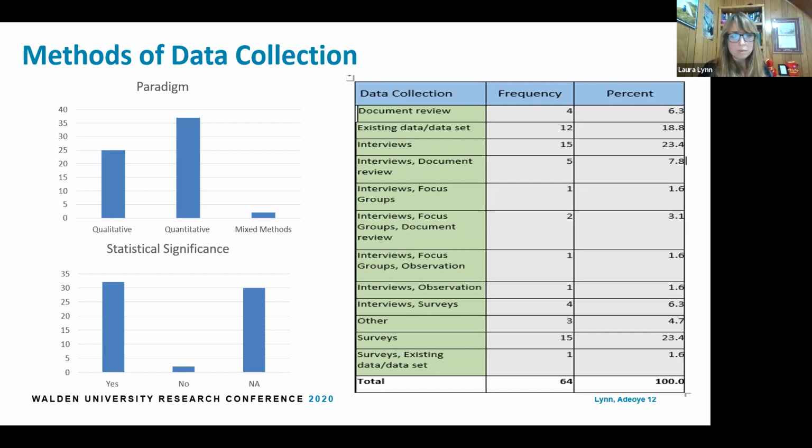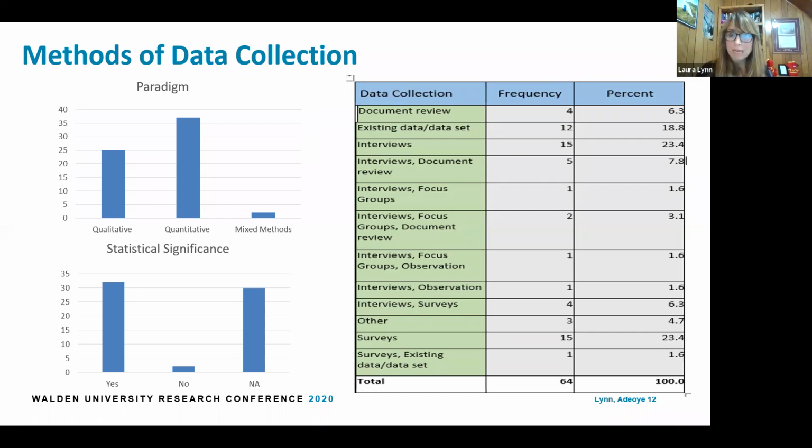But for statistical significance, we had the vast majority. You'll see, though, where we have a bunch that are not applicable, as you'd understand, because of the significant portion of qualitative studies.